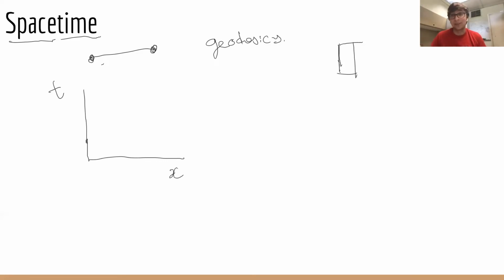This is the opposite of what most people experience in physics or math classes. But just like points in space, for example the North Pole and where you are now, there can be points in space-time. These points are called events.